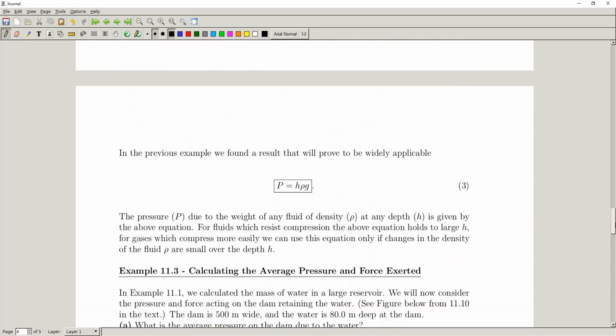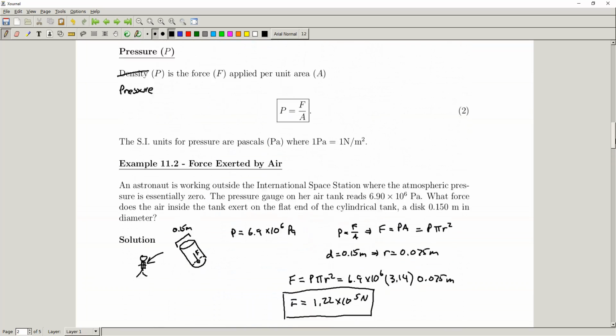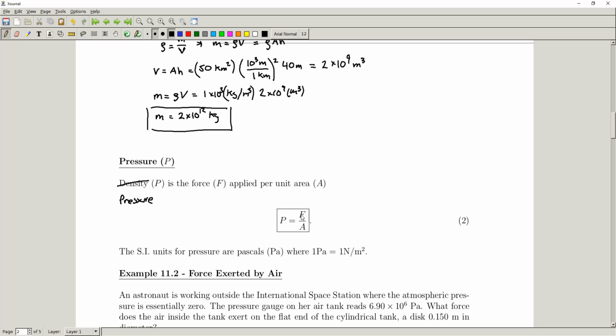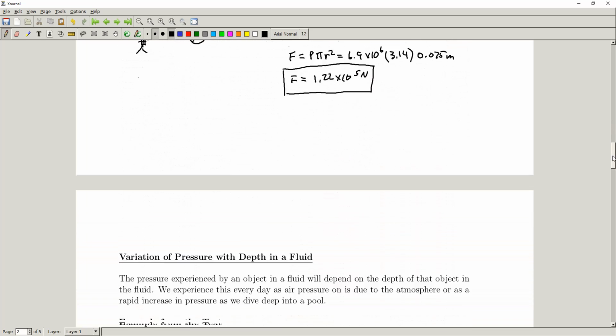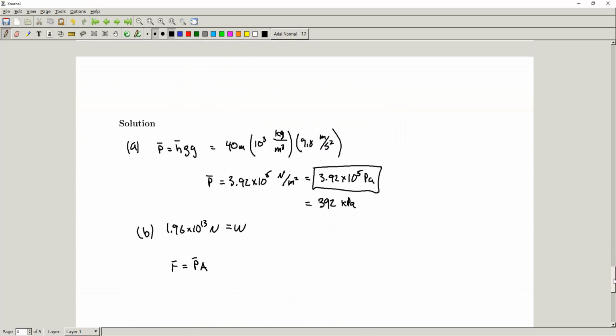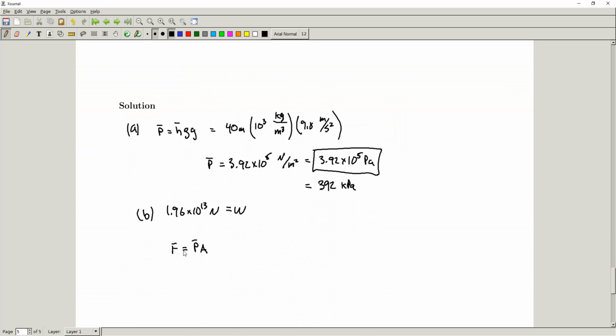And we can remember that if I scroll up here a little bit, we have our expression for pressure as it relates to force and area. So if we're looking for force, that's just going to be PA, which is what we have down here. And I have the numbers here from the textbook, right? So we just found our average pressure, so we're going to use that number.